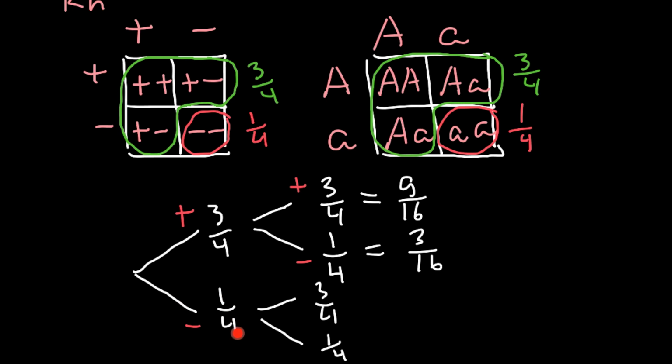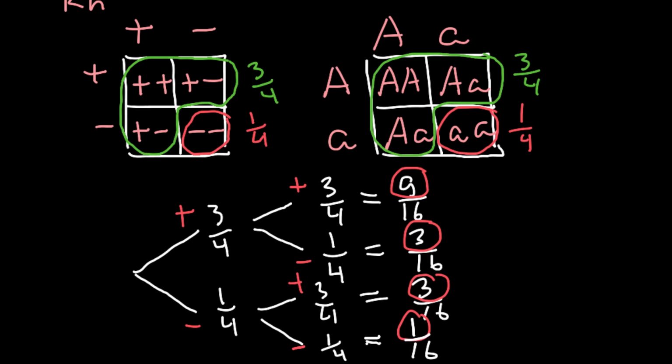Those who are Rh negative but able to produce insulin are also 3/16. And 1/4 who are Rh negative multiplied by 1/4 who wouldn't be able to produce insulin gives 1 out of 16. As you see, these are the same ratios that I showed you at the beginning of this video: 9 to 3 to 3 to 1.